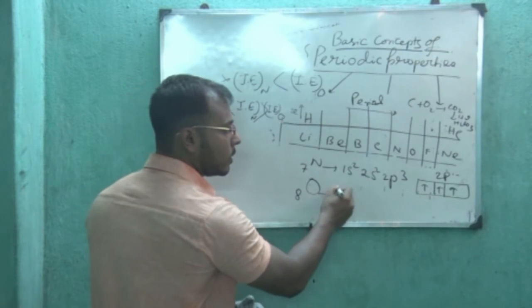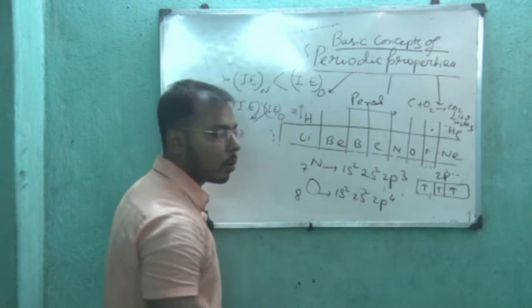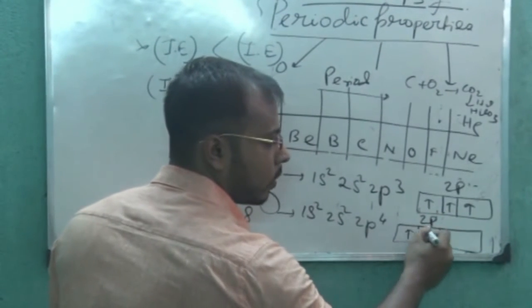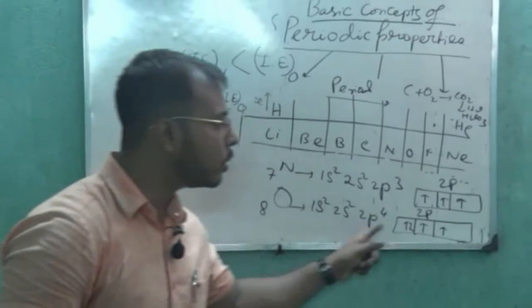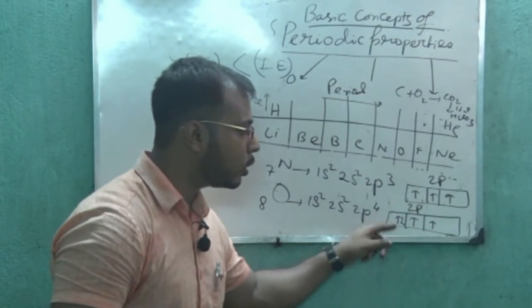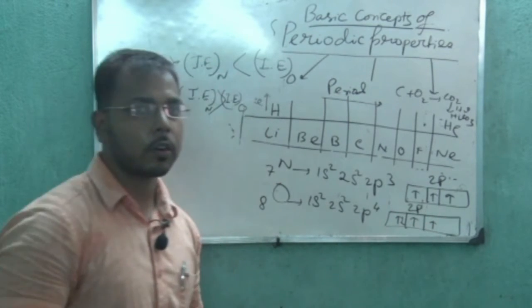But oxygen has 8 electrons, so it is 2p4. According to Hund's rule, it will be filled like this: 1, 2, 3, then 4. It is not like 2, 2 and one orbital is vacant. 1, 2, 3, and another is 4.